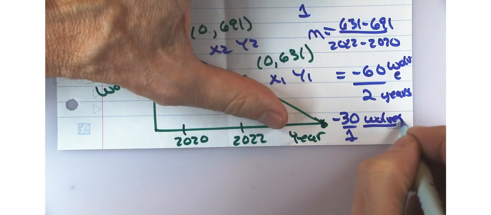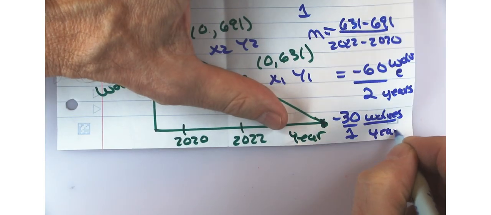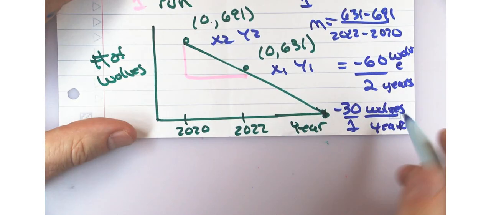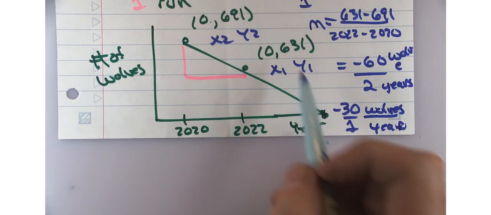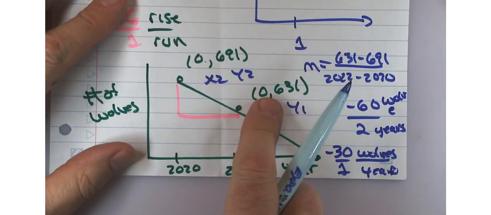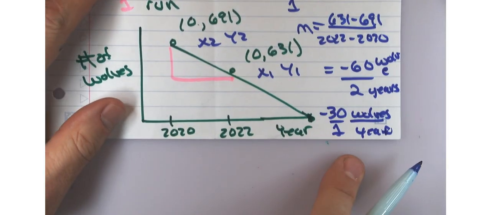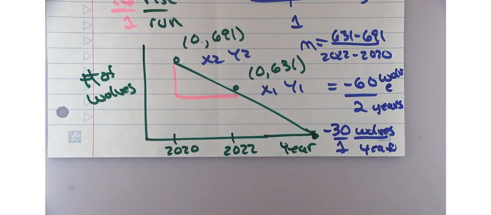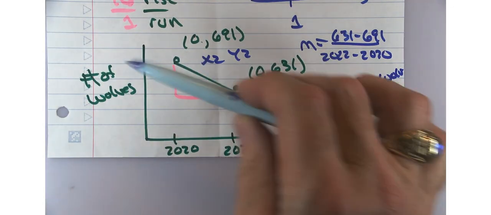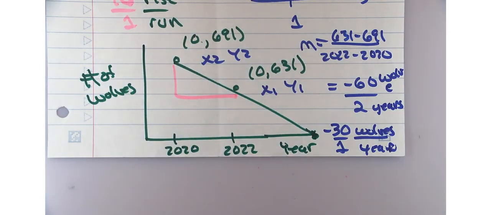Wolves per year. And so that's a nice interpretation of the slope now when I got this into a unit. It's the number of wolves per year that you're losing up there. So if that trend were to continue, it'd be about 21 or 22 years before they would all disappear. Now, like I said, hopefully, and I don't think it's likely that they're going to have a straight linear trend all the way down. So, good questions there.